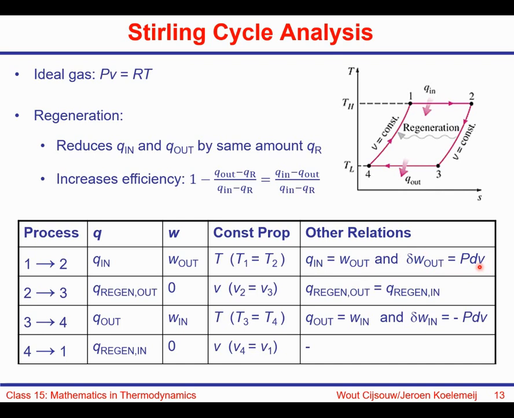Now, in this part of the cycle, from 2 to 3, this is the isochoric part, so there is no change in volume. So there can't be any work done, and so W is 0, and there is some heat involved by the regenerator.